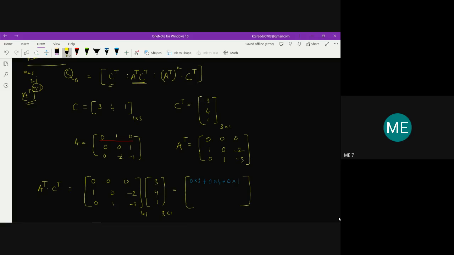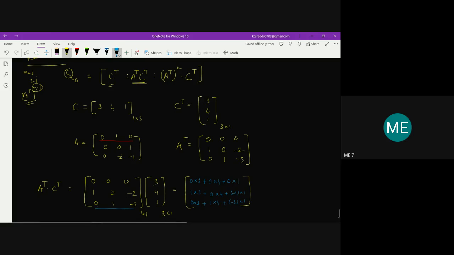Similarly for the second row, 1 into 3 plus 0 into 4 plus minus 2 into 1. Then the third one, 0 into 3 plus 1 into 4 plus minus 3 into 1.